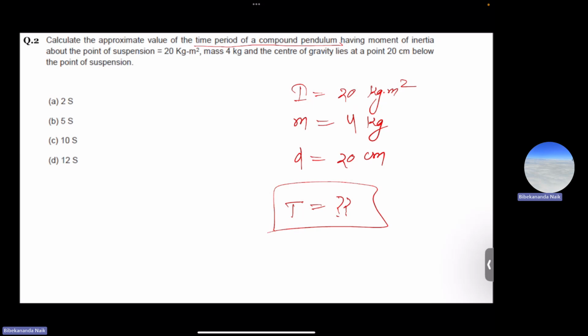So if we solve it, it is really a straightforward one.